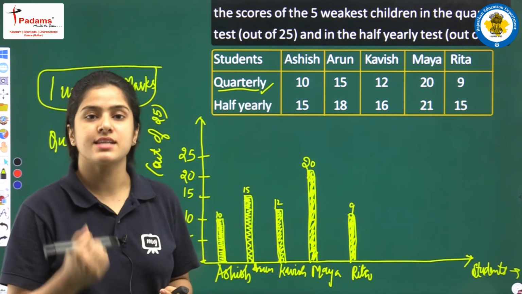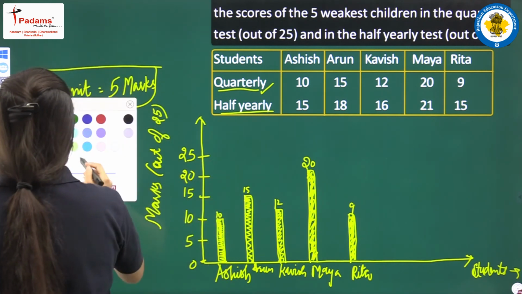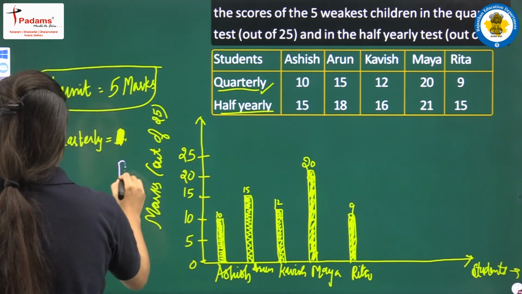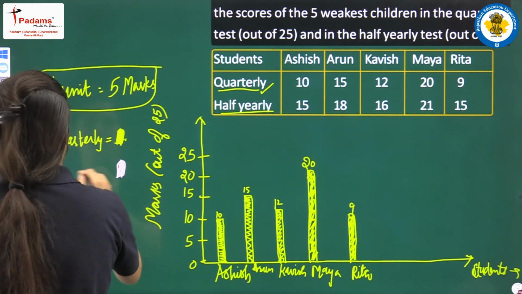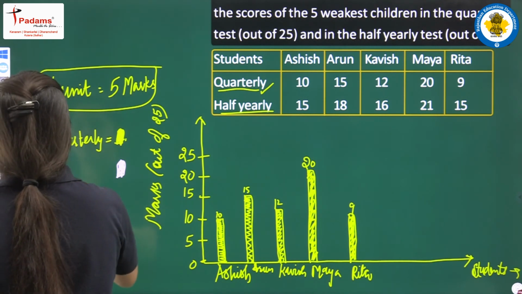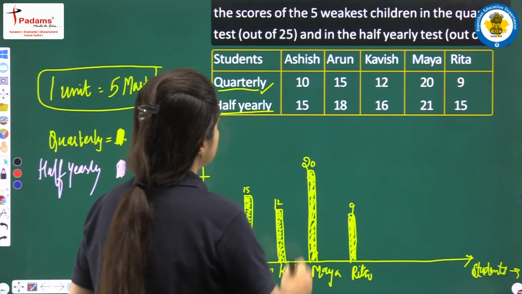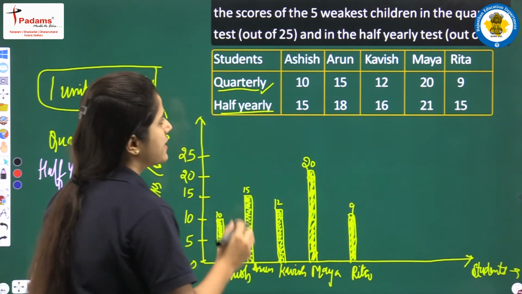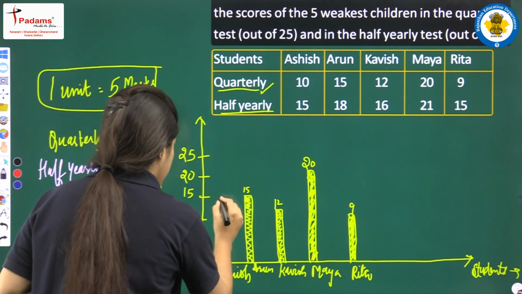Now we have made the bar graph of quarterly. We need to make the double bar graph. So now we'll make the half yearly, and for this we'll use this color for half yearly. Now Ashish is getting 15 marks in the half yearly test.